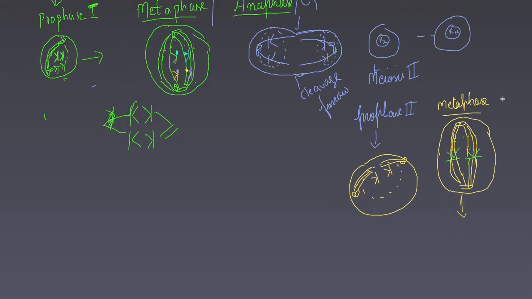So after metaphase 2, we have anaphase 2, as well as cytokinesis occurring at the same time.